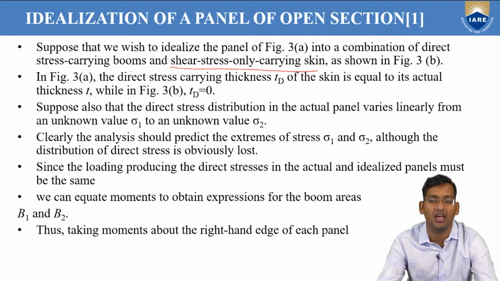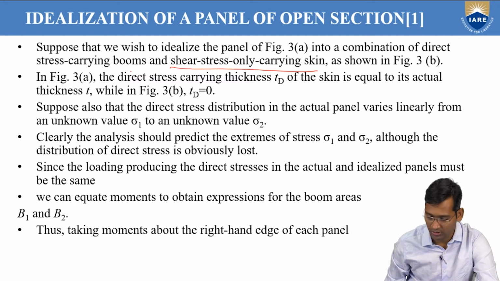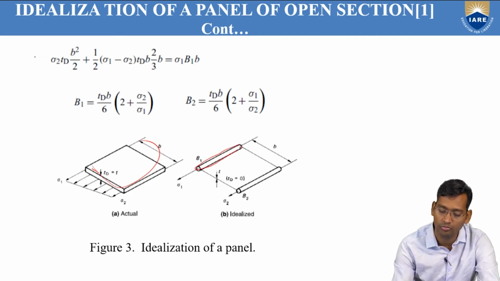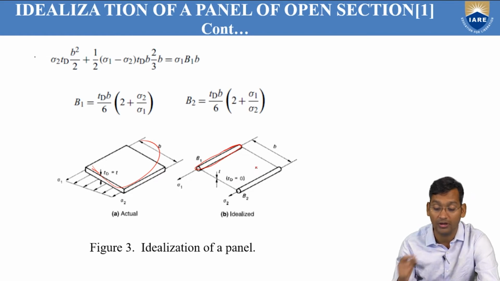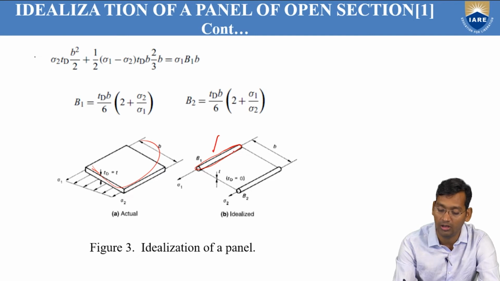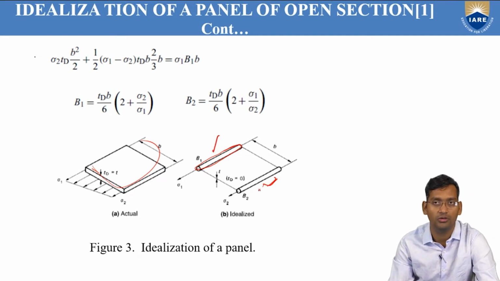The skin carries only shear stress, and the booms, the stringers and spars, carry the direct stress, as shown in figure 3B. The whole equivalent area is now converted to boom area, so we have to find the values of B1 and B2.